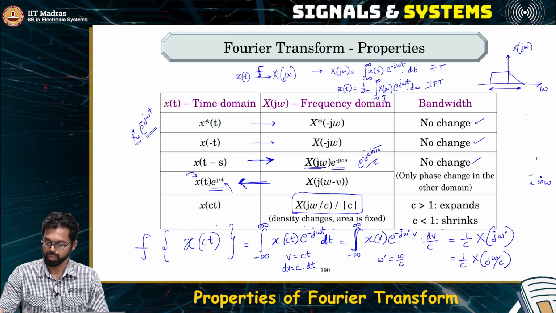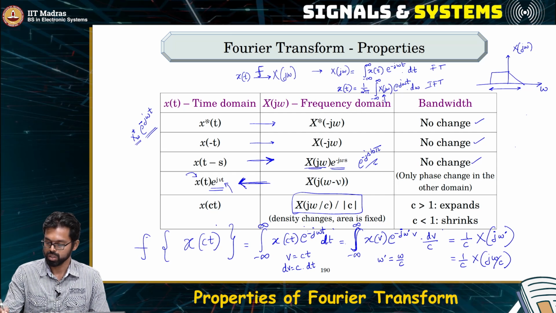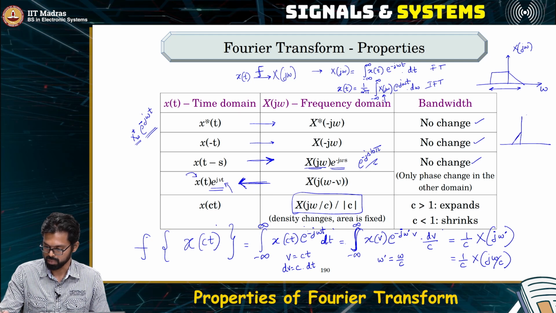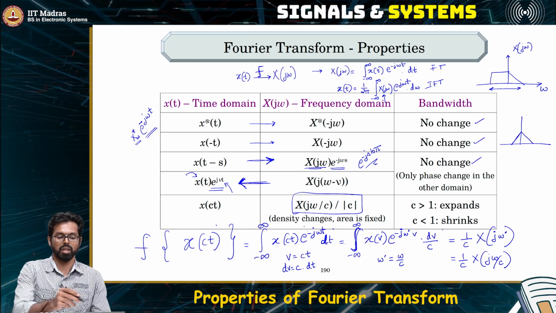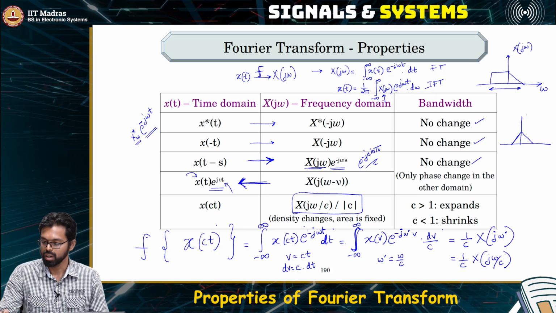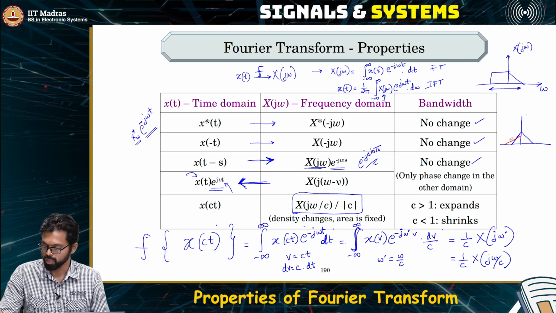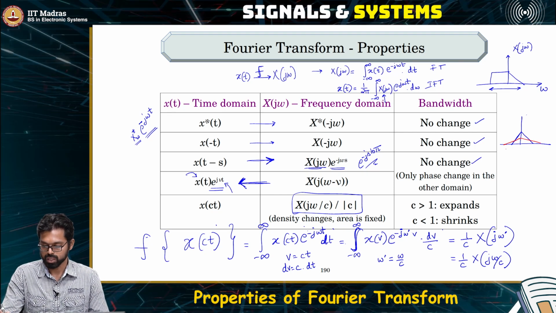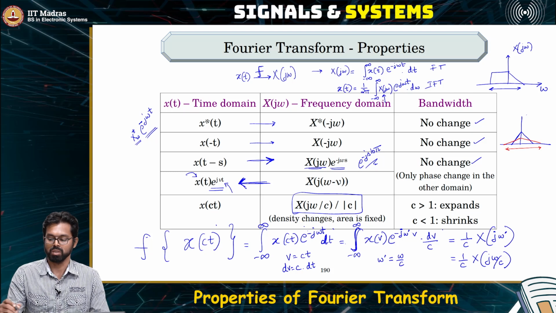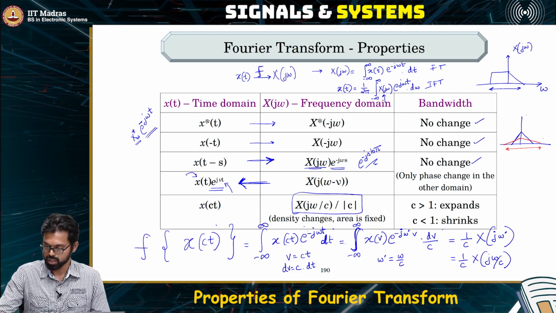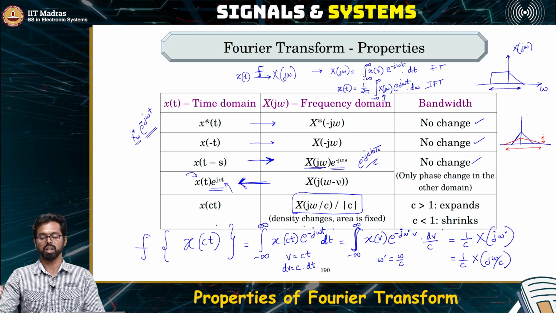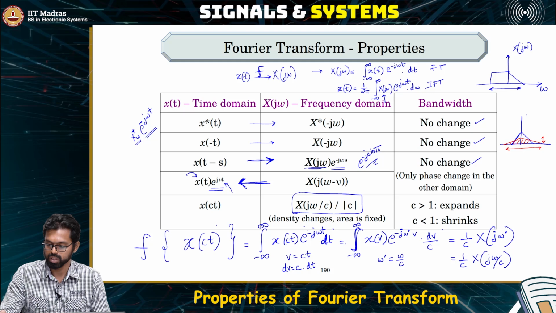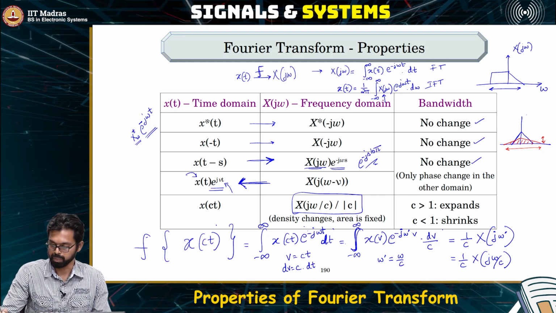In other words, if our original spectrum looked like this, then after scaling, we should have a spectrum which probably looks like this. Because it got expanded in the frequency domain, its amplitude has now been reduced, so that the effective area under both these cases is exactly the same.